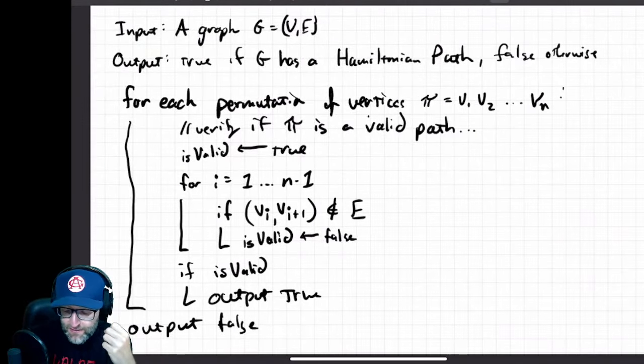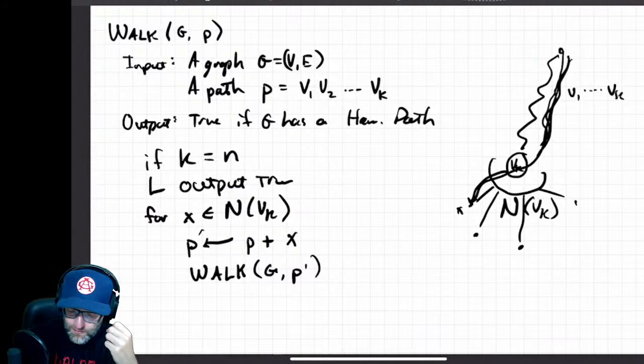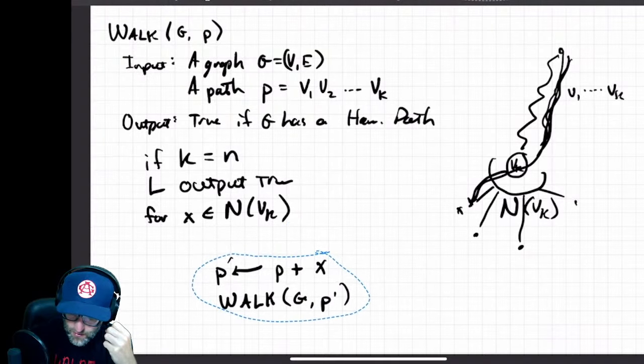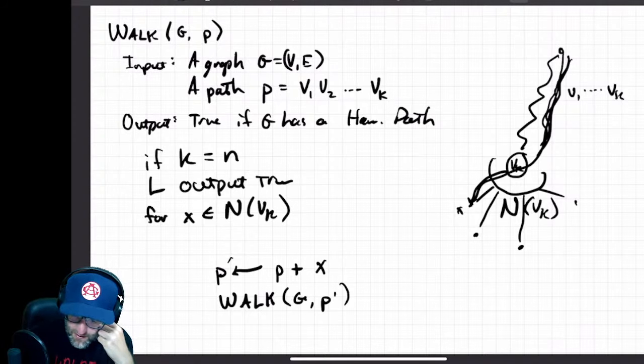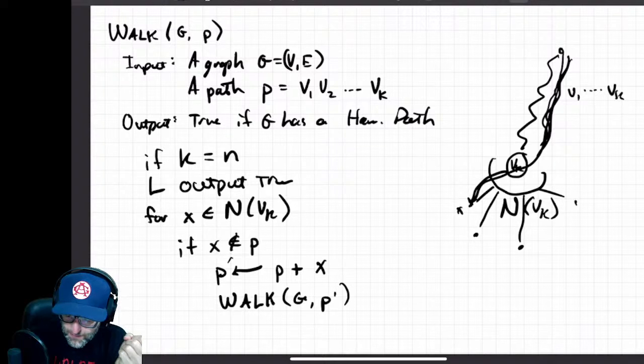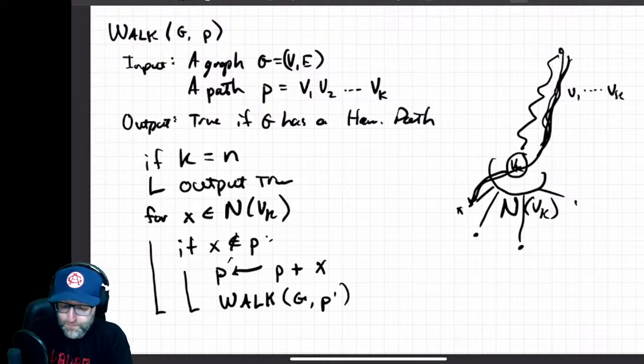We need to take that into account in our pseudocode here. So using the magic yet again, I'm going to give myself some more room and modify this so that I'm only going to go to that vertex if it's not already in there. If X is not in the path P, then do this.